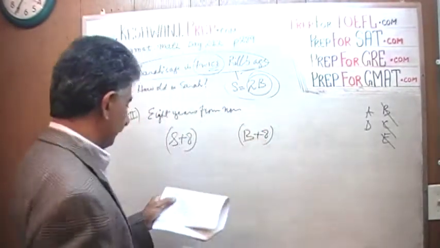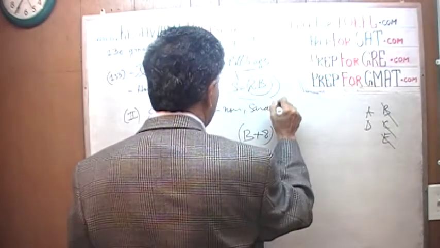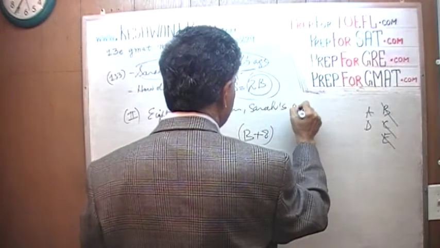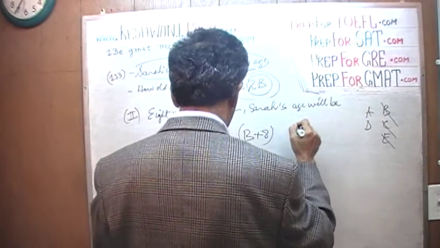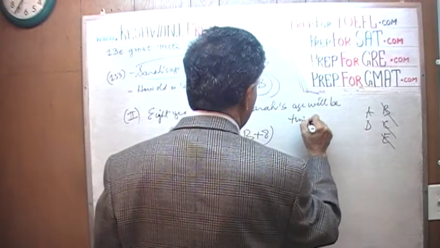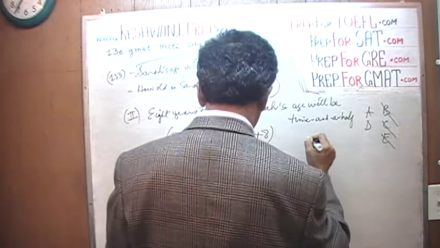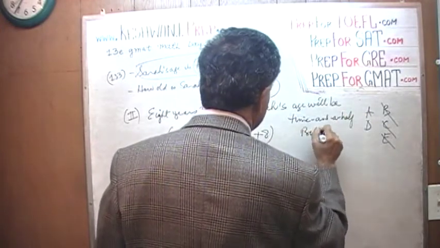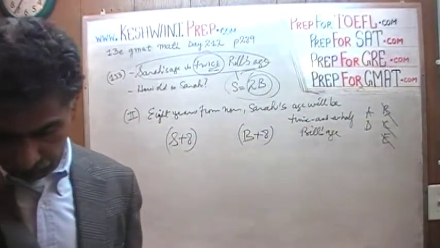So let's see what that tells us. 8 years from now, Sarah's age will be time and a half Bill's age. Alright. 8 years from now, Sarah, yes, it's going to be time and a half.